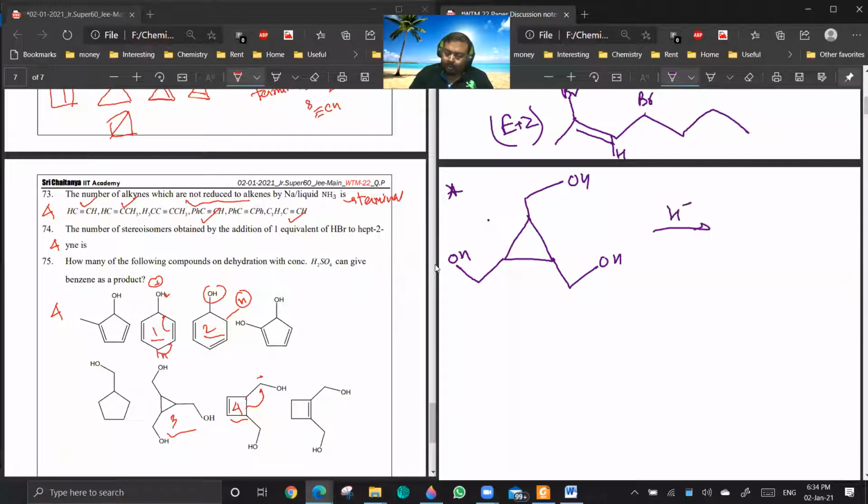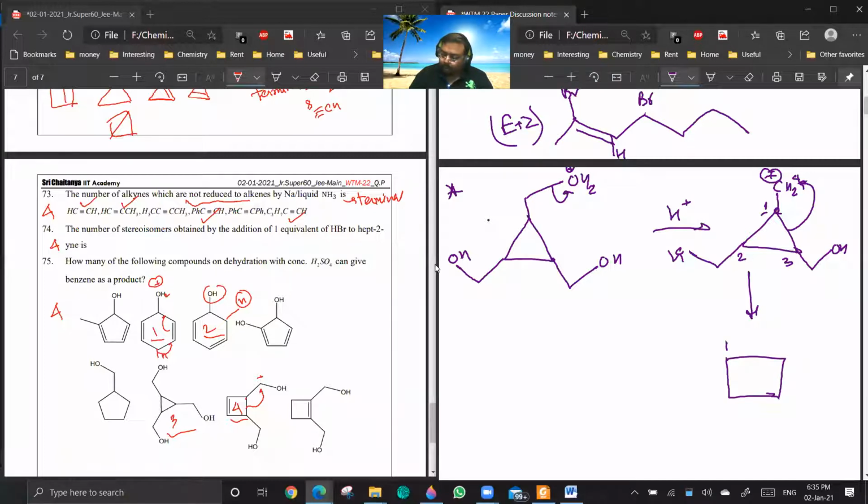See, when you're adding H plus, first this will be OH2 plus and this will go out. You'll be getting CH2 plus. Then what will happen? The alpha carbon group will be migrating like this. So you'll be getting 1, 2, 3, and 4.